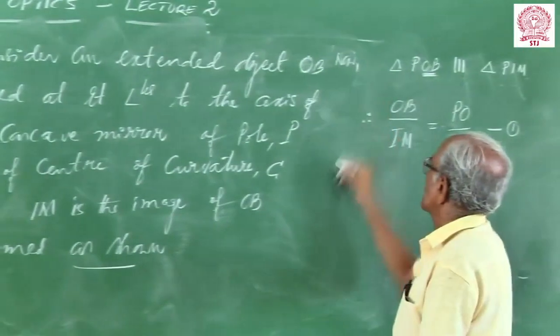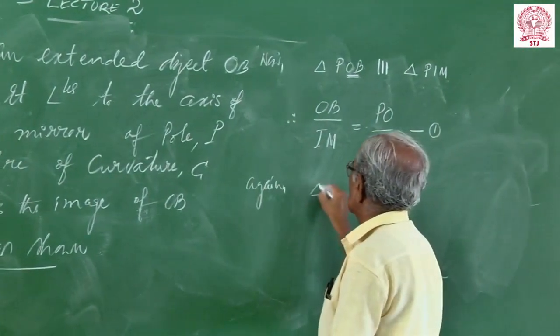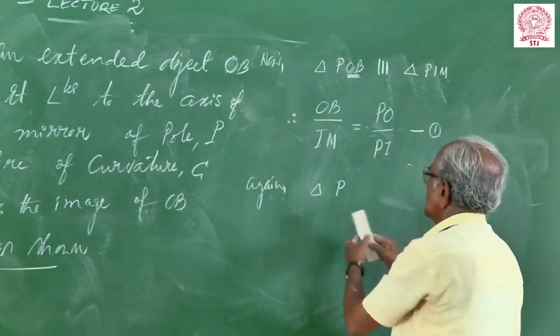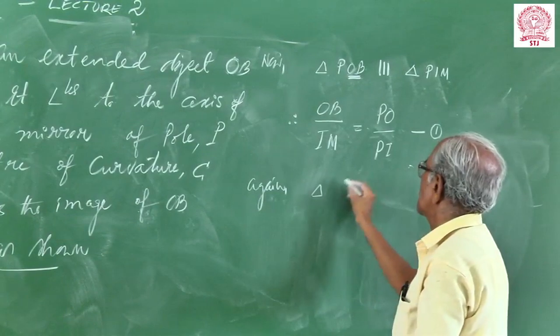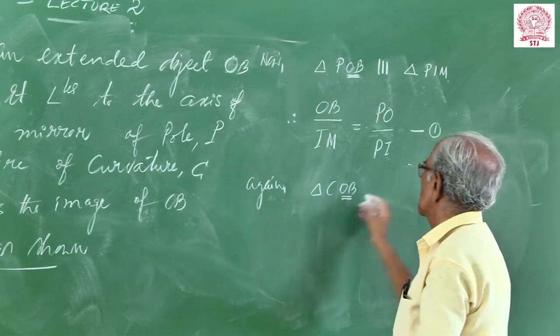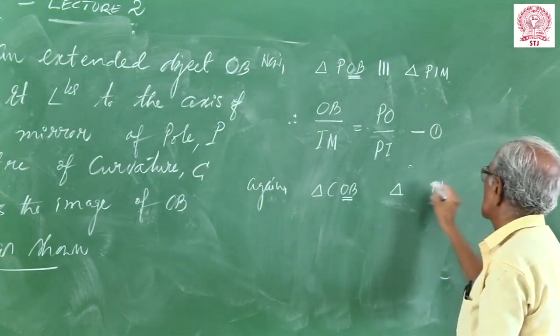Therefore, again, you have triangle formed by the object at the center of curvature, COB. Object, center of curvature. Triangle formed by the image at the center of curvature.